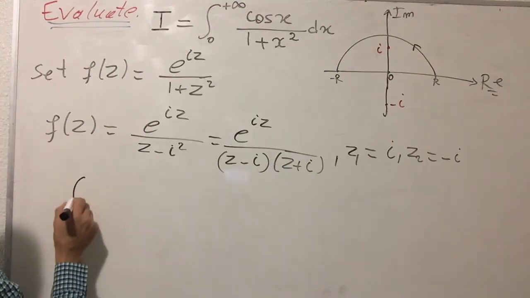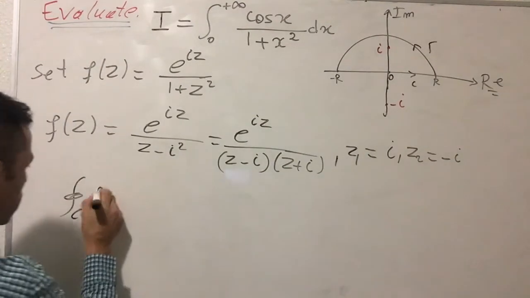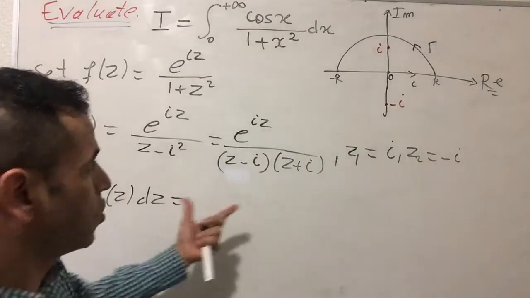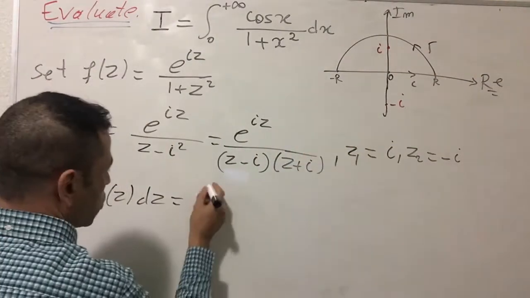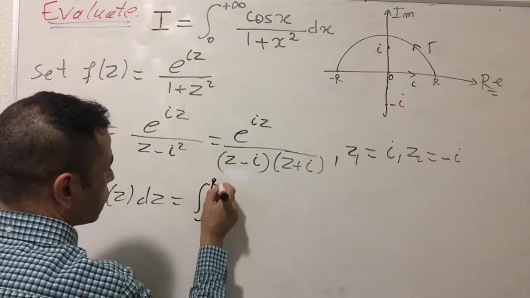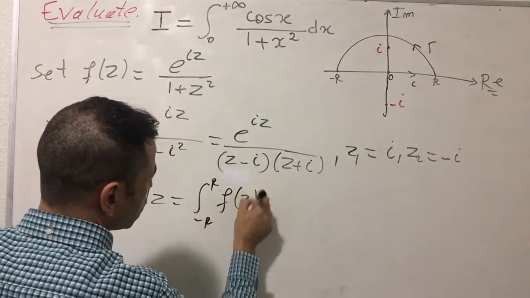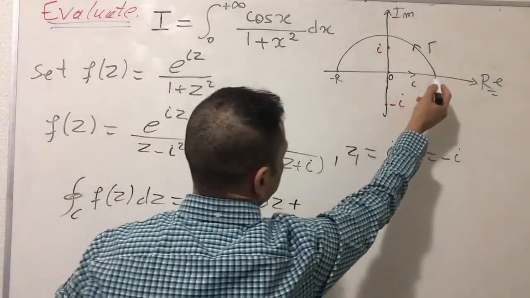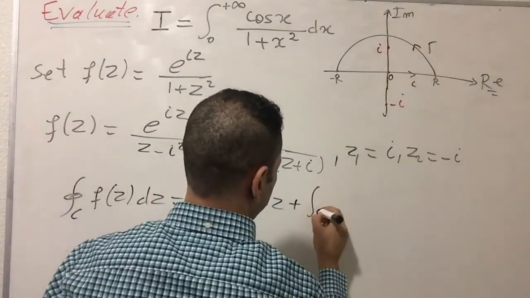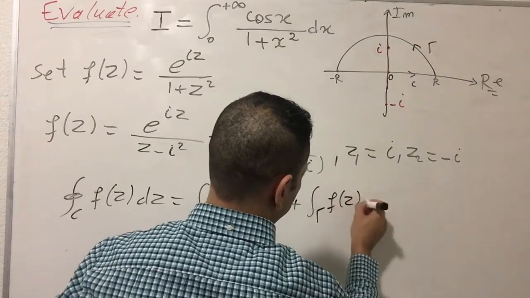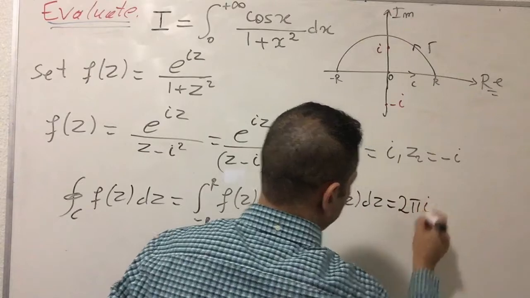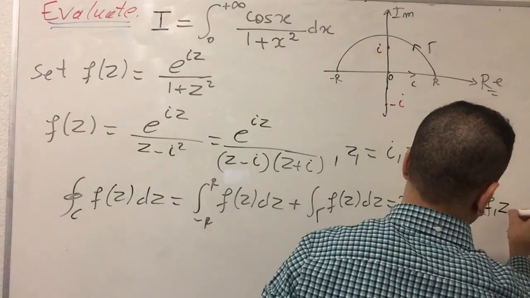I have this integral of f of z dz, and I'm going to calculate the sum of these integrals over the contour. So I will have the integral from minus r to r of f of z dz, plus this gamma integral of f of z dz, equal to 2 pi i times the residue of f at z1.